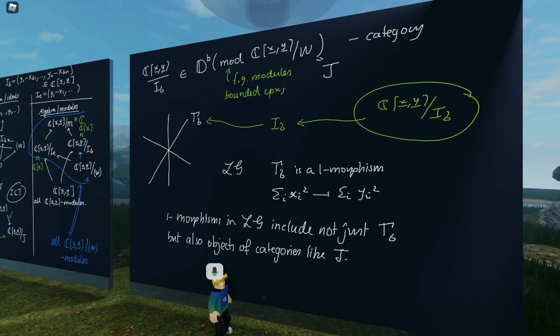So we're going to extend the set of things we consider as one morphisms from these simple geometric things to more complicated things. That's sort of necessary to set up the bicategory correctly, but it's important not to lose sight of the geometric origin. And once we've done that, we can sort of do the world's most complicated composition of permutations. So I'll explain that next time. That is how to take a permutation, think about it as an arrow in this bicategory, and then compose it with another permutation. And you can use an insane amount of machinery to just compose those two functions, but hopefully in an interesting way.